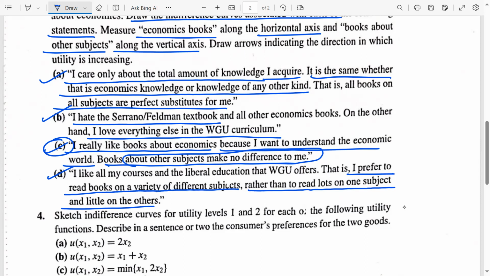So part D represents an all-rounder, basically. All-rounder student. She likes to read economics, she likes to read liberal arts, she likes to read other subjects. So instead of being at the extremes, this student would want to be at the average. What kind of preference?